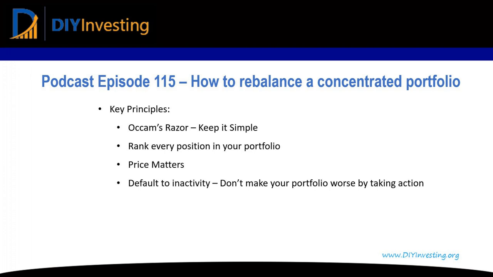The price of the stock and the relative valuation will influence the rankings in your portfolio. And 4, default to inactivity. Activity is one of the easiest ways to make mistakes. Inactivity can lower your costs and help you to outperform.